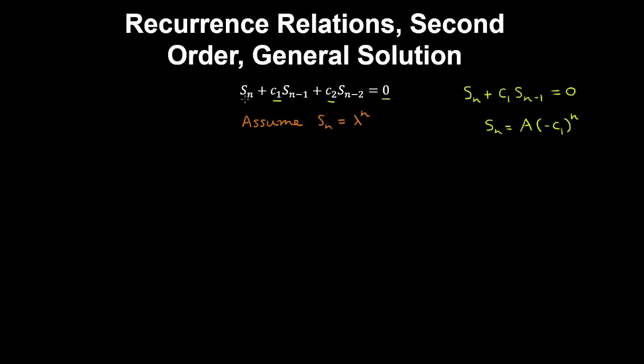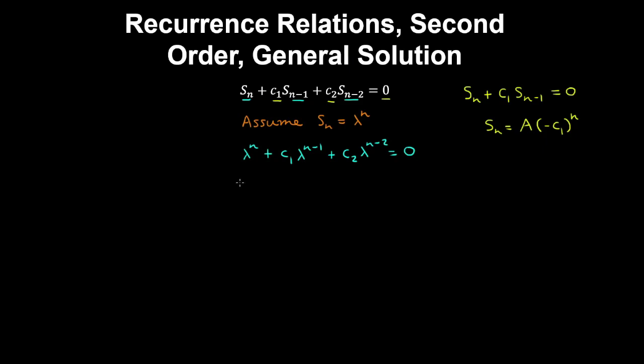And now we can substitute this in our recurrence relation. So what we get is lambda to the n plus the constant c1 by lambda to the n minus 1, and then plus our other constant c2 by lambda to the n minus 2, and that's equal to 0.